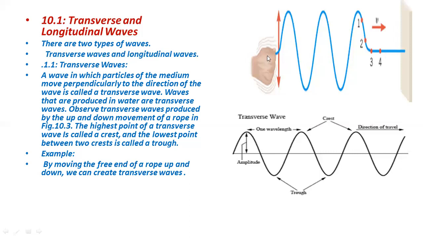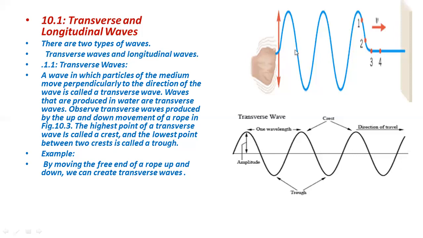Another thing is that you can see that the particles of the medium, means the particles of the rope, will move perpendicularly. This is perpendicular because this is the way through which the wave is moving. The wave is moving from our hand towards the other support.